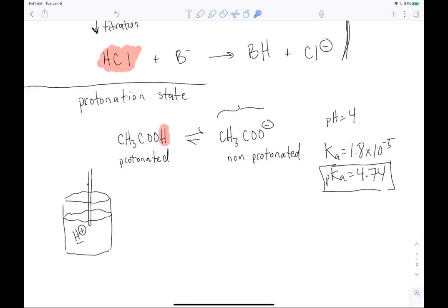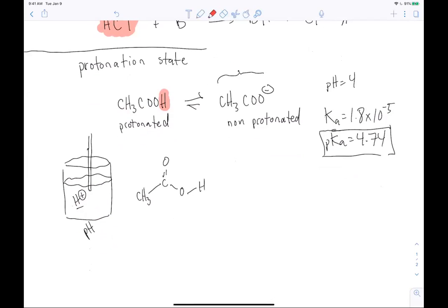When you talk about a strongly acidic solution, there you're talking about pH. So pH versus something like pKa, this is how strong an acid is.